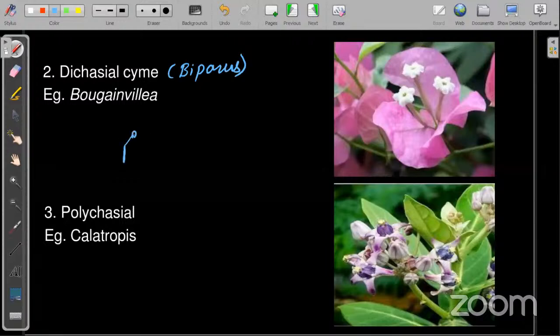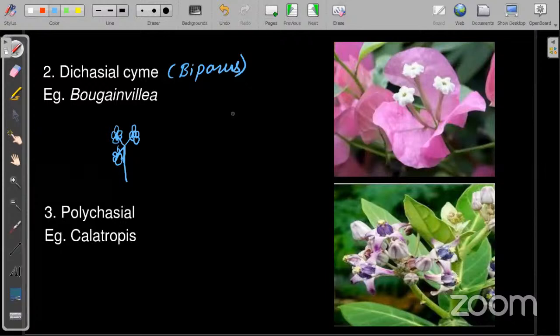The peduncle develops one flower first of all, and after that it develops two flowers again. So here is a group of three flowers in the case of dichasial cyme. An example is the bougainvillea.